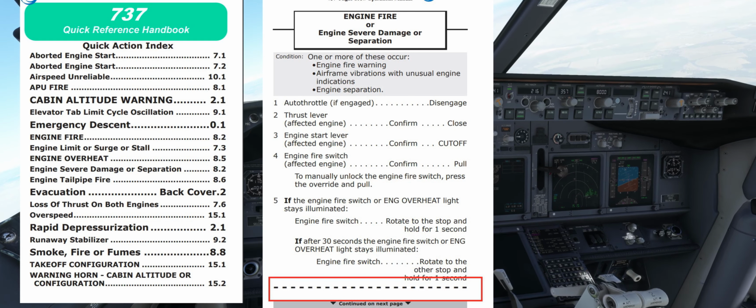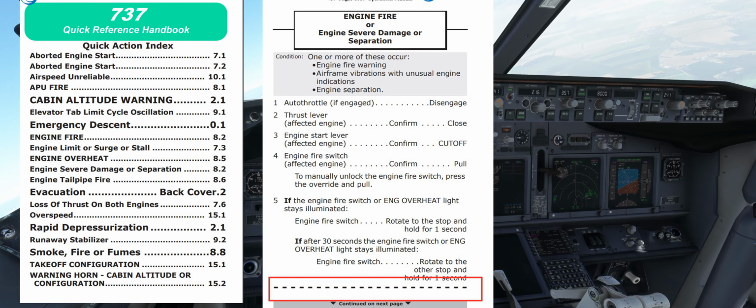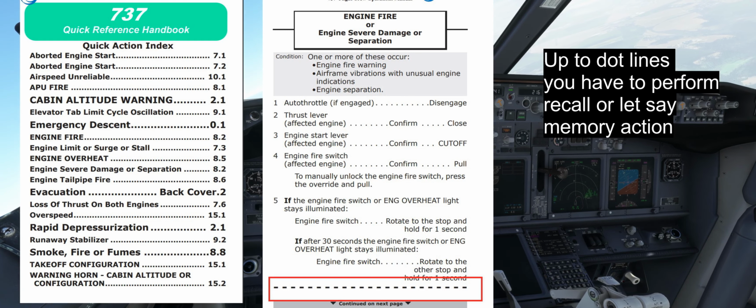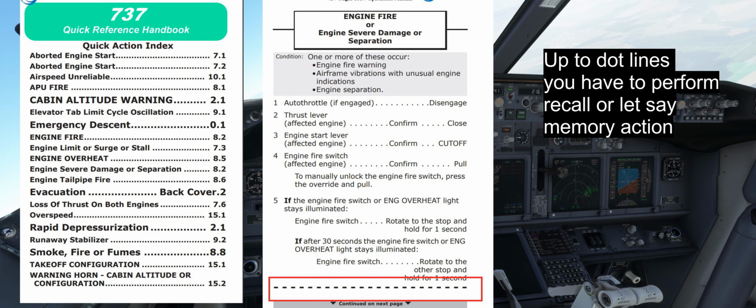Okay, and you can see the dotted line and these dots on the below side. It means that your memory items are completed. So all you need to know by memory is completed.